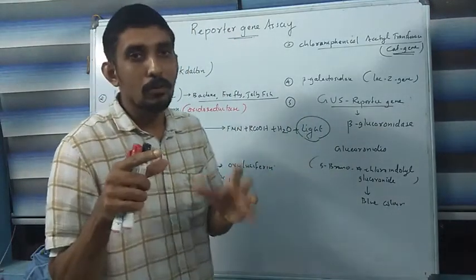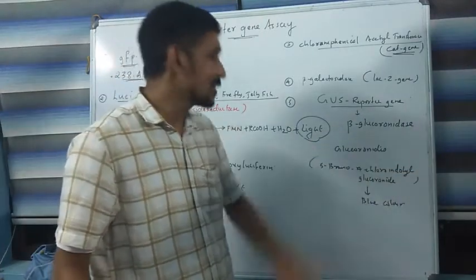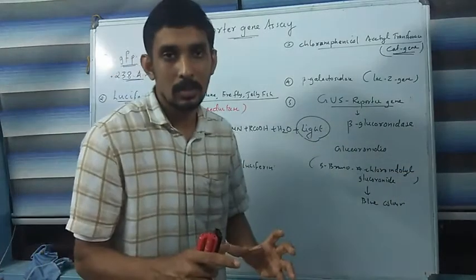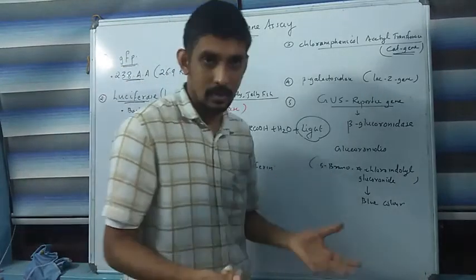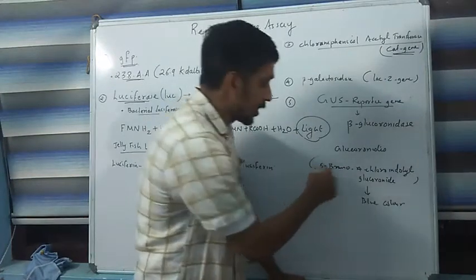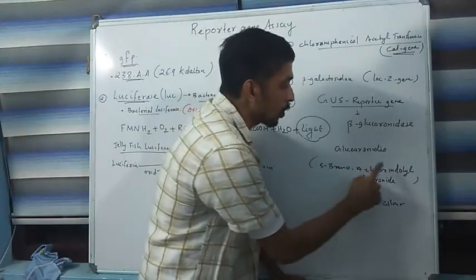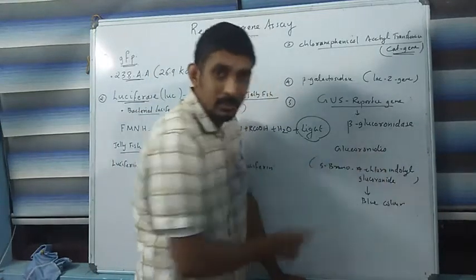The main function of this beta-glucuronidase is that it converts glucuronides. For example, I'll write one glucuronide here: 5-bromo-4-chloro-indolyl glucuronide.